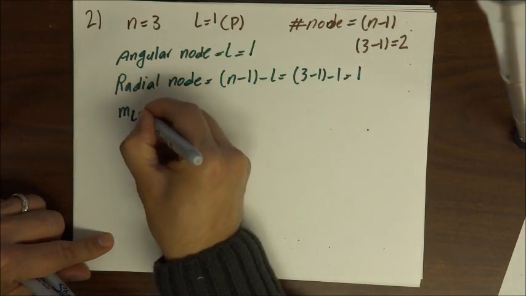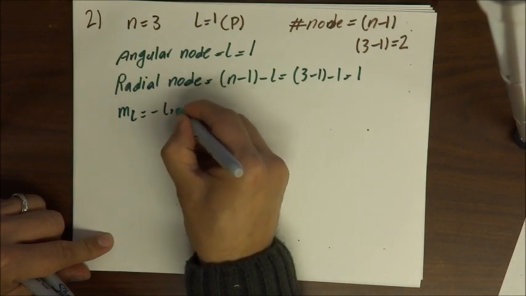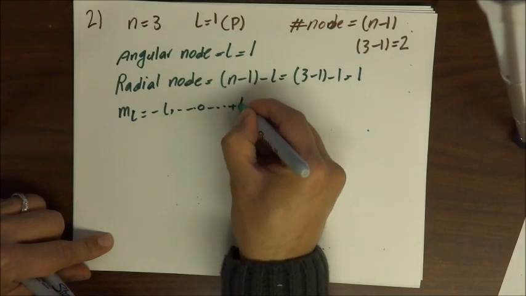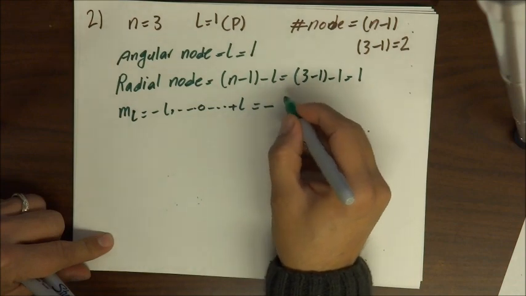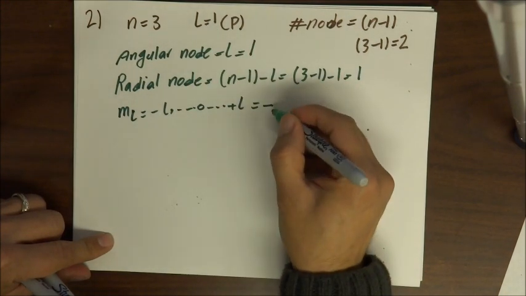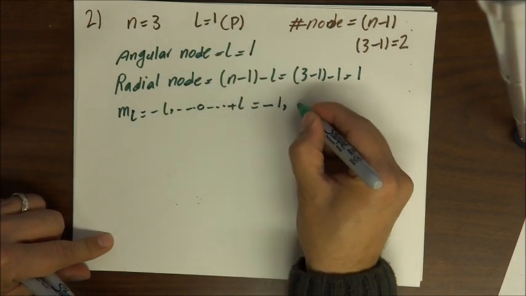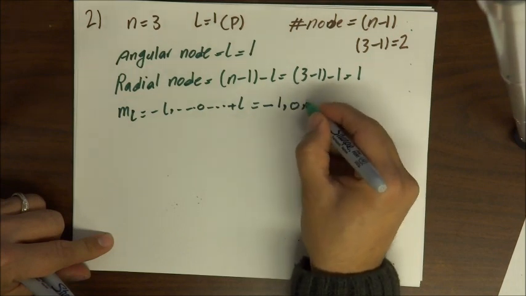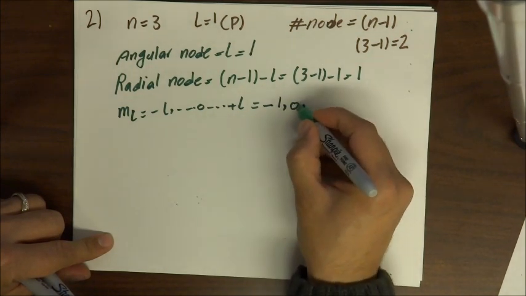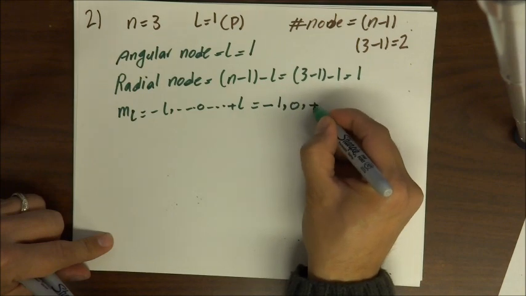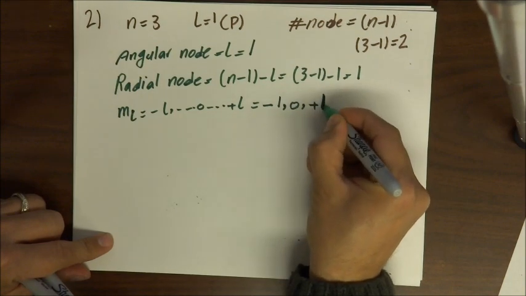ML goes from minus L to 0 to plus L. So it will be minus 1, because L is equal to 1, to 0, then you add 1 unit to 0, it will be plus 1.